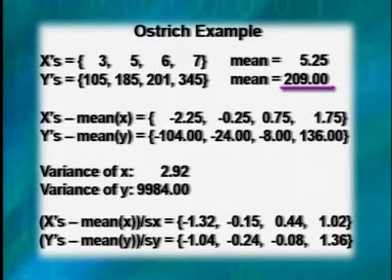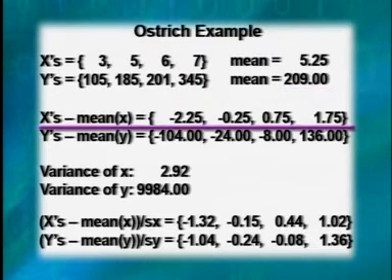Then we do the calculation for finding this correlation, which means subtracting the mean from each number. So we have 3 minus 5.25, which gives negative 2.25.